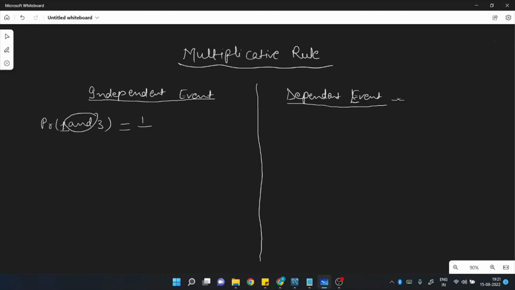It will be nothing but 1 by 6 into 1 by 6. Here I am taking this particular symbol for the multiplicative rule. So what result will I get? 1 by 36.